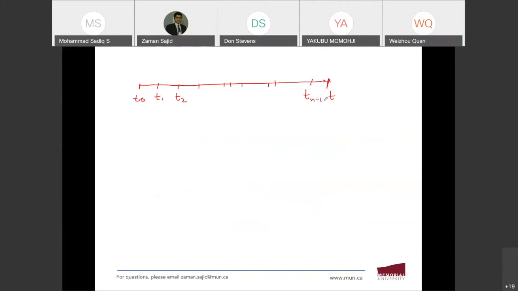If we divide these intervals into very small ones, this will be my delta t1, this will be my delta t2. So these intervals, either delta t2 or t1, can be assumed as Bernoulli.